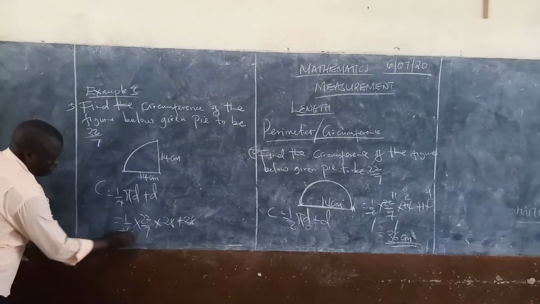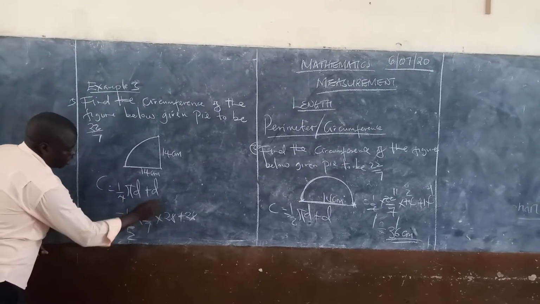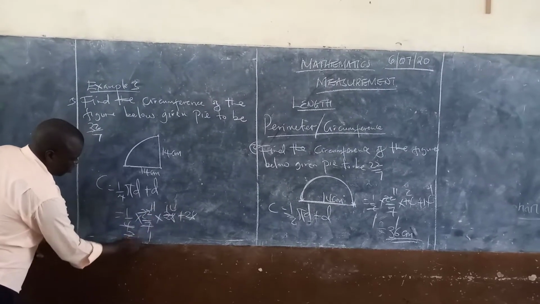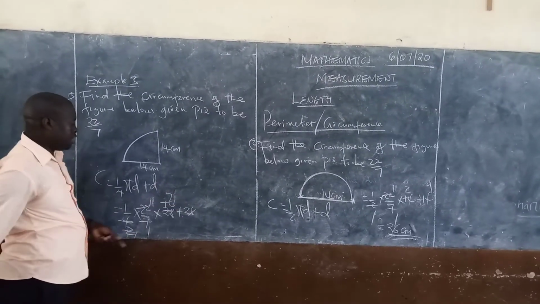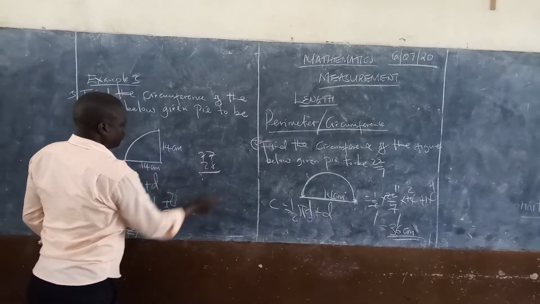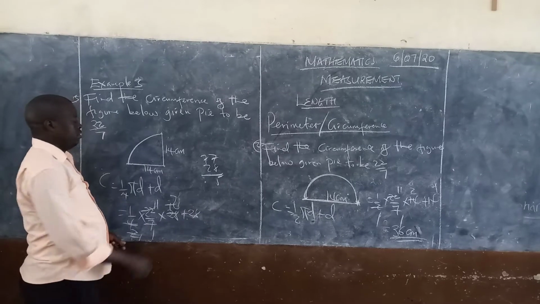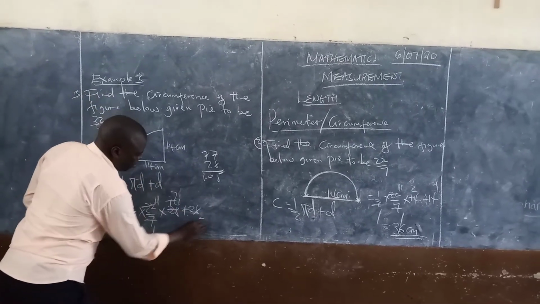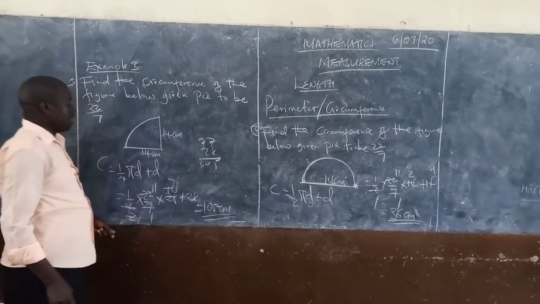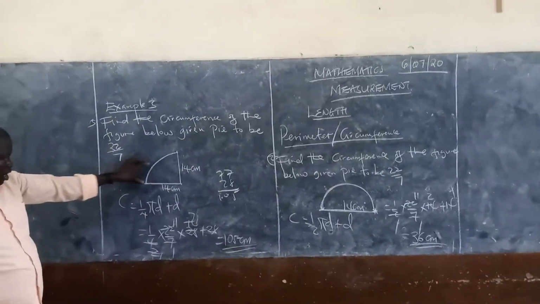So 2 goes there, 2 goes there, 11, 7 1, 7 14, 2 1, 2 7. That is 77 plus 28, and that is 105 centimeter, the circumference of this figure.